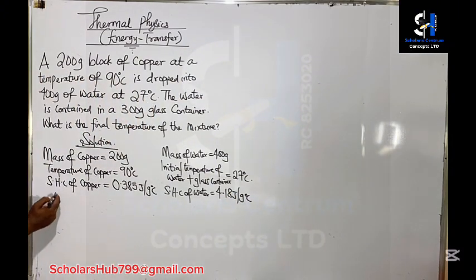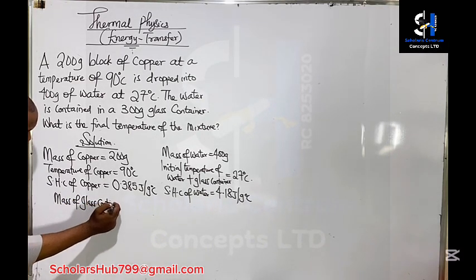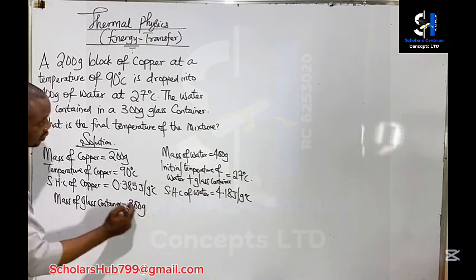Now we are also given the mass of the glass container, which is 300 grams.